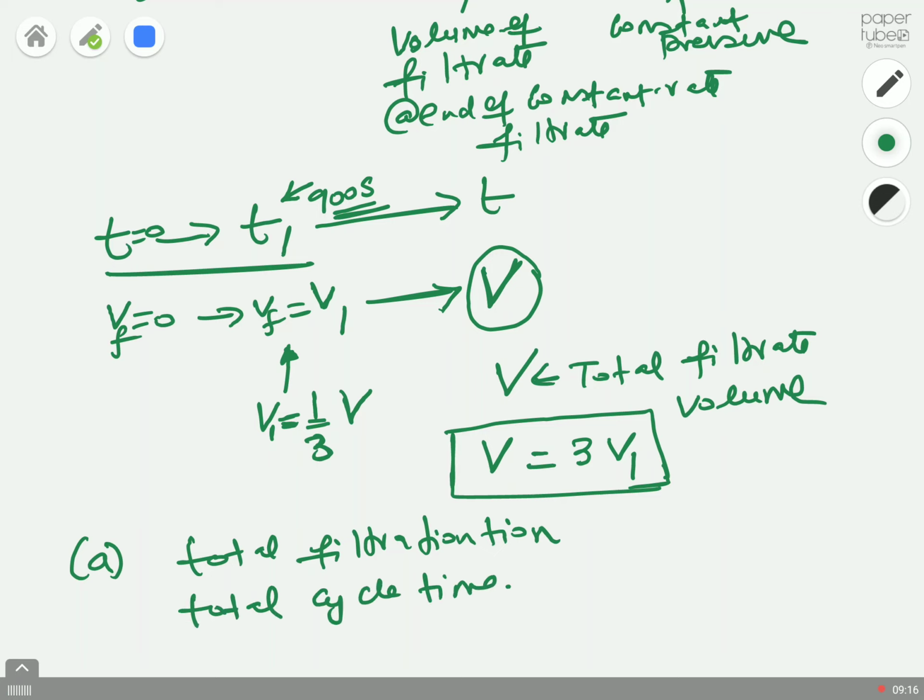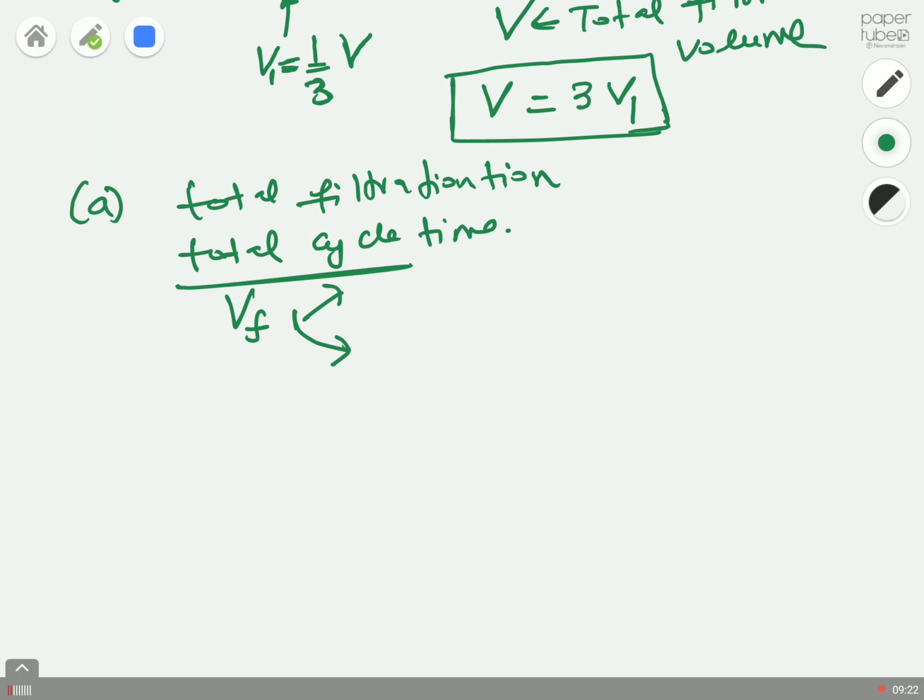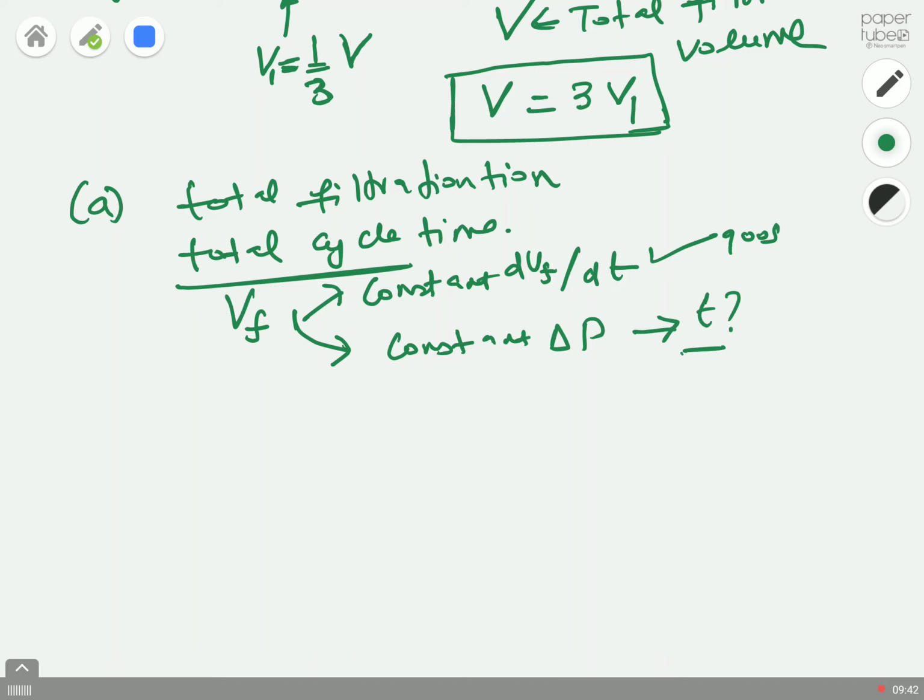We have some information about the volume of filtrate, and we are operating the filtration in two different regimes, one at constant rate, another at constant delta P. We already know the time here is 900 seconds, so we need to calculate the time here.